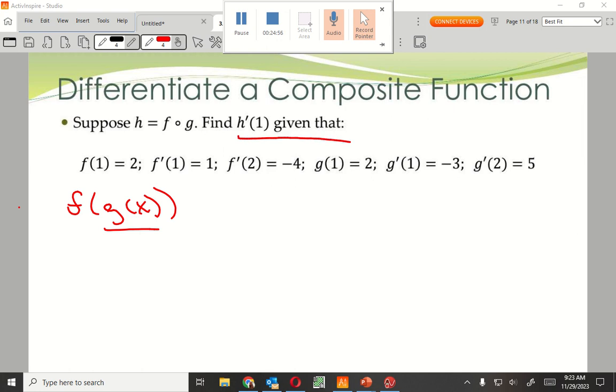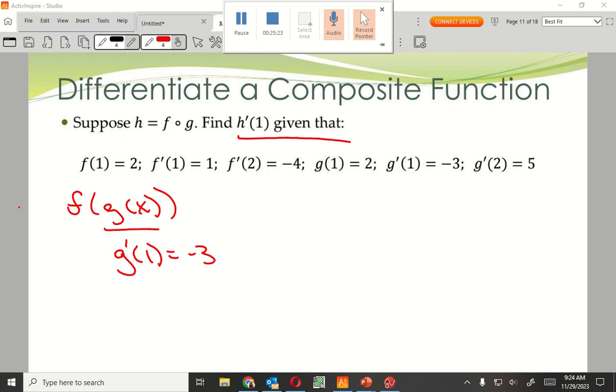That means I'm going to replace g of 1. So what's the derivative of g of 1? This is saying g prime of 1. I'm doing the derivative of the inside, so this is my u portion. The derivative of the inside is negative 3.